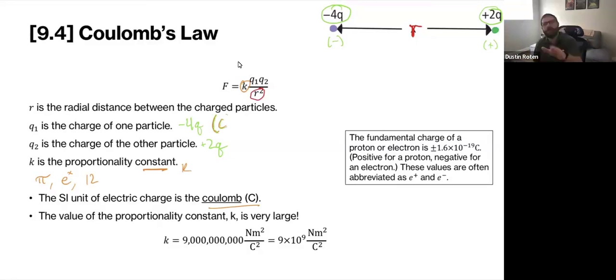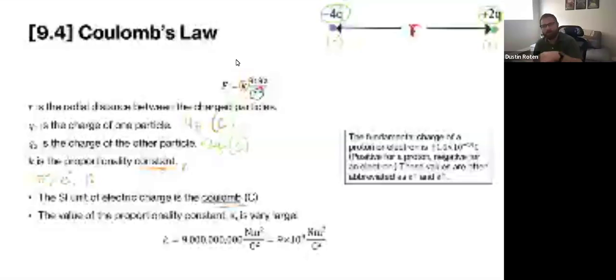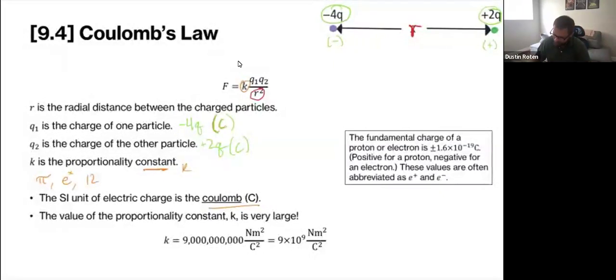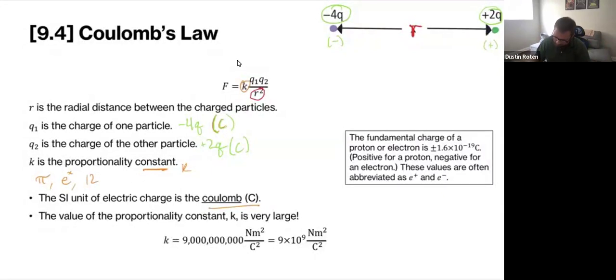It's negative 4q coulombs and positive 2q coulombs. We still don't know what q is, it doesn't matter. That's just the SI unit. Of course, when we multiply all of this out, the end result is still going to be newtons, because it is a force. We have to take in distance in meters, charge in coulombs, and then this constant. When we put all that together, our output is going to be in newtons.